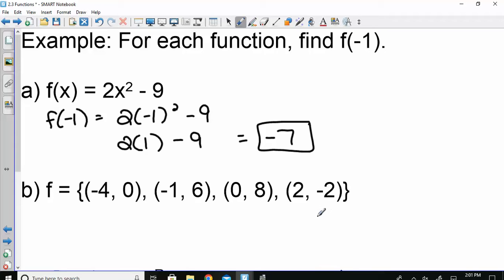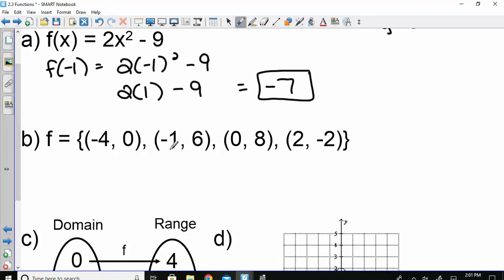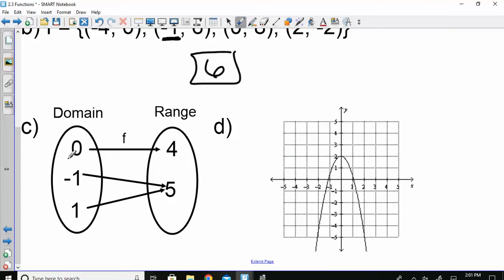You guys get that one? The others are actually easy if you know what you're looking for. So this means x is -1. Tell me what y is. So if I look at this set of ordered pairs, when x is -1, what's the y? 6. C, x, that's your domain.